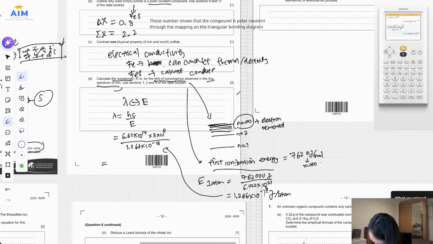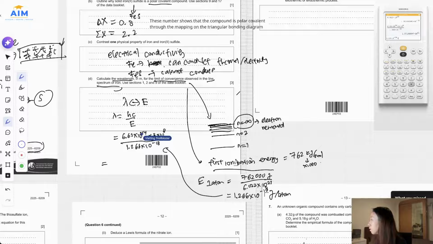Oh, this is the power of negative 34, so I should modify this. It should be 6.63 times 10 to the power of negative 34. The constant is supposed to be negative 34.